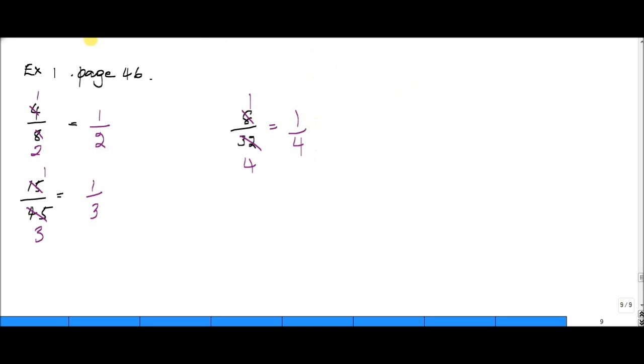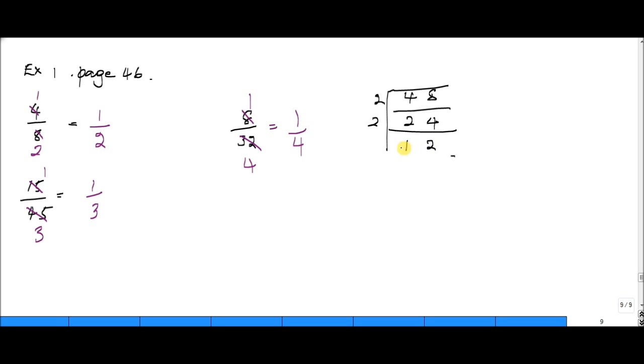Let's use our little ladder and find these highest common factors first with 4 and 8. Using 2, 2 could go into 4 2 times, and 2 could go into 8 4 times. Using 2 again, 2 could go into 2 1 time, 2 could go into 4 2 times.